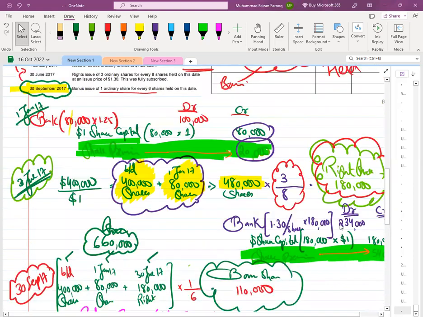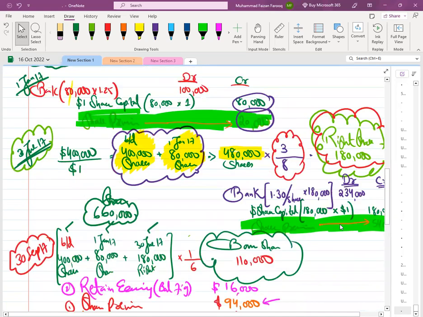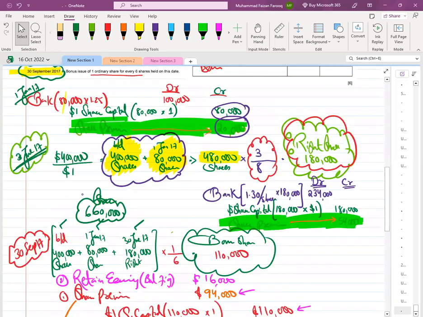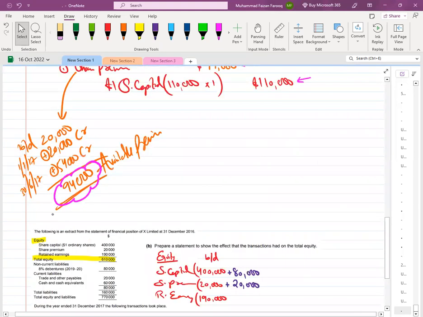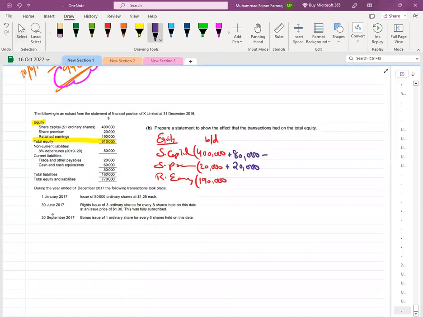Entry 2, share capital credited by 180,000. You can see here, and premium credited by 54,000. Both are equities, and equity increases on credit. 180 and 54,000.